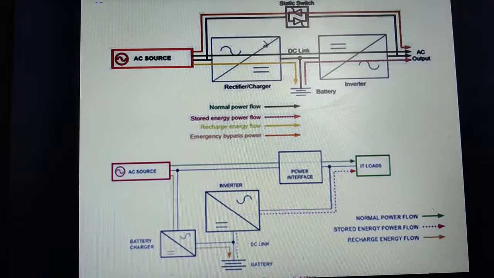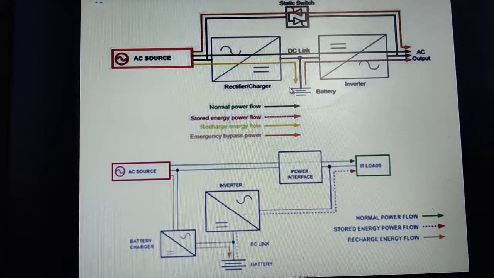Now what happens if there is no power supply? As and when the power supply is flowing normally, when current is there, the battery of your online UPS will keep charging. Every time it will be charging. So once the power supply is off, automatically this rectifier or the charger will stop receiving the electricity, because there will be no pass of power supply.